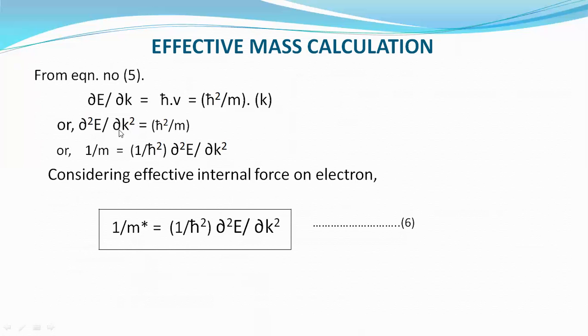Now, if we further differentiate that, d2E by dk square is equal to h cross square upon m. So m is given by 1 upon h cross square d2E by dk square.